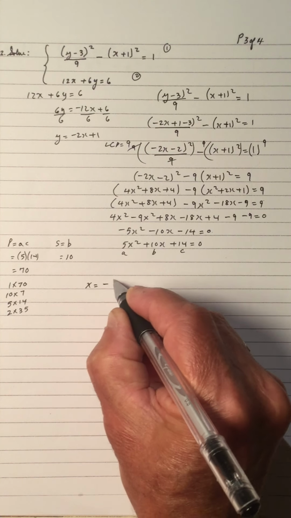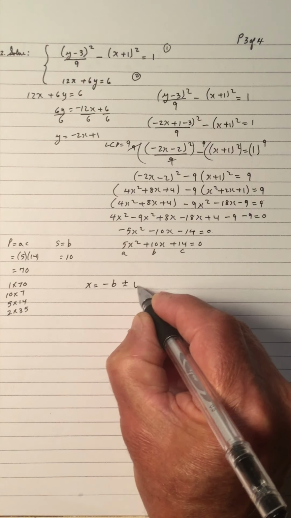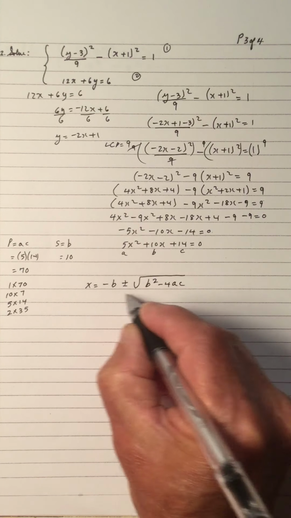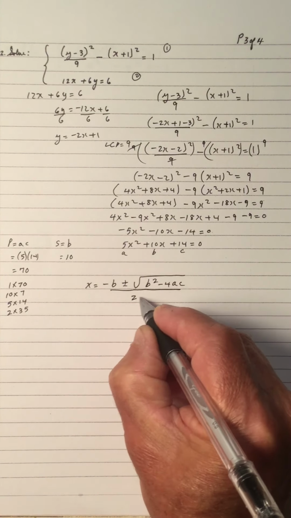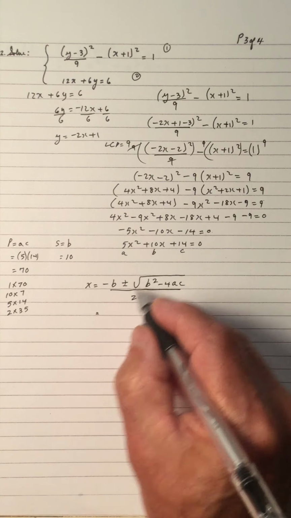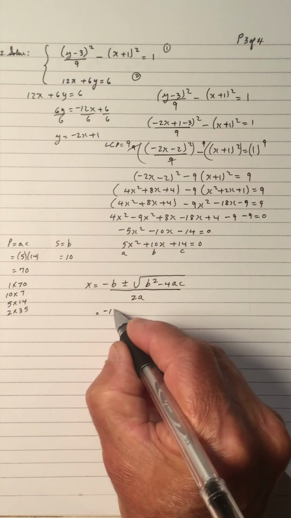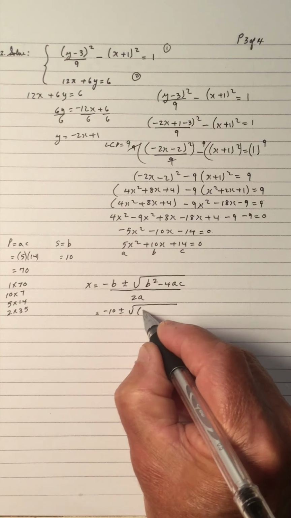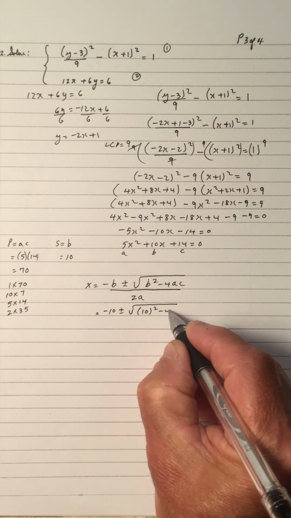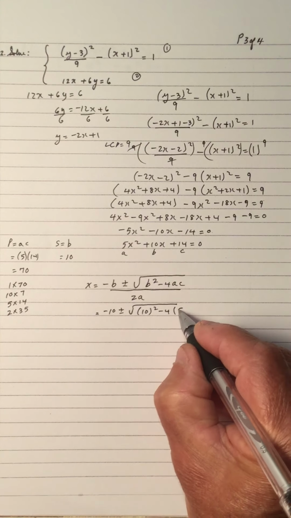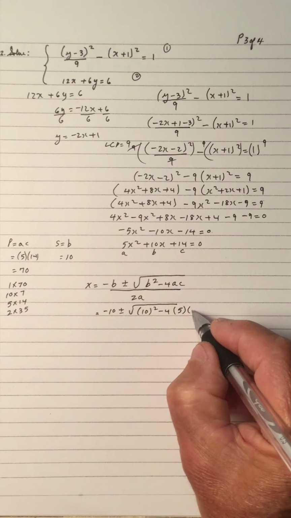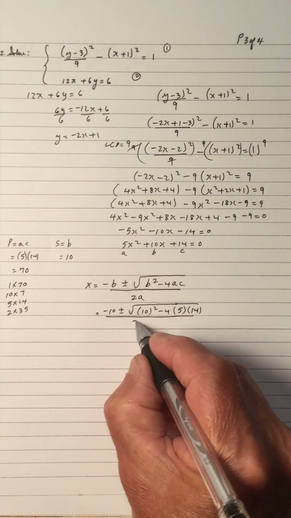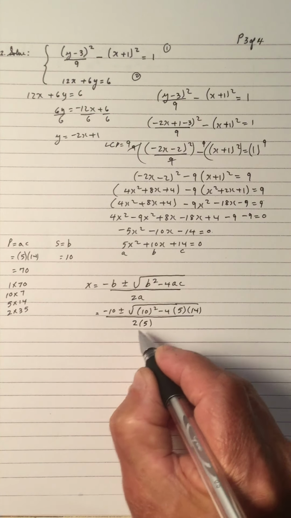x equals negative b plus or minus the square root of b squared minus 4ac, all over 2a. So b is 10, so that's a negative 10, plus or minus. B is 10, A is 5, C is 14, all over 2 times A, which is 2 times 5.